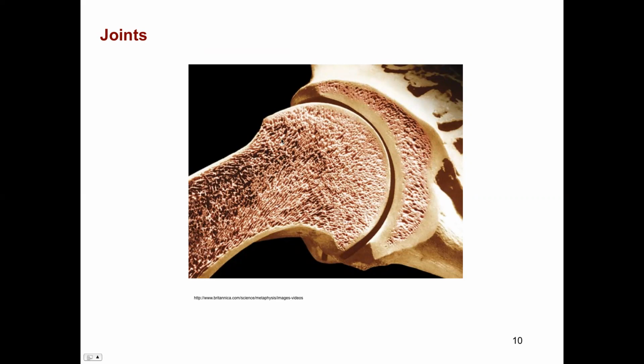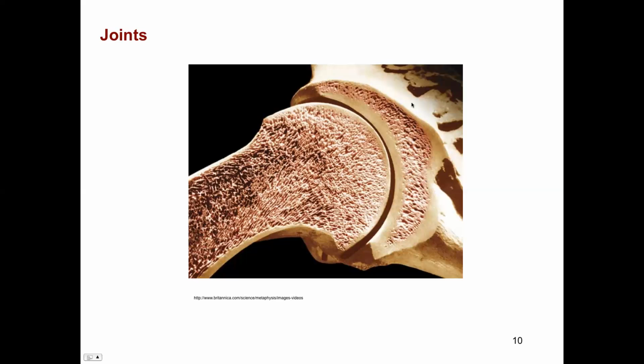This is the epiphysis of the femur. You can see this would be where the red marrow is, and the yellow marrow would be in here. And you can see this nice, smooth articular surface, which would be covered with your hyaline cartilage, or your articular cartilage.